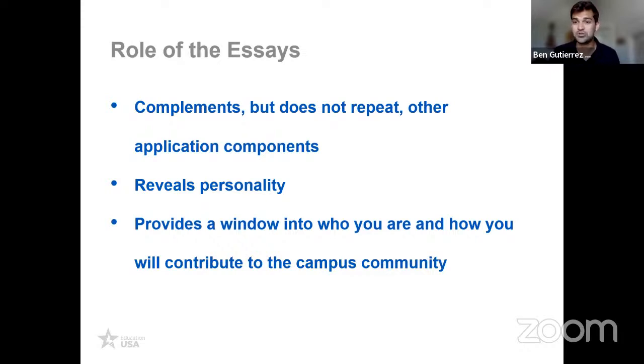We as admissions officers, we see these essays along with all of the pieces of the application in one sitting. So when you're thinking about the application, think about it almost in that way.